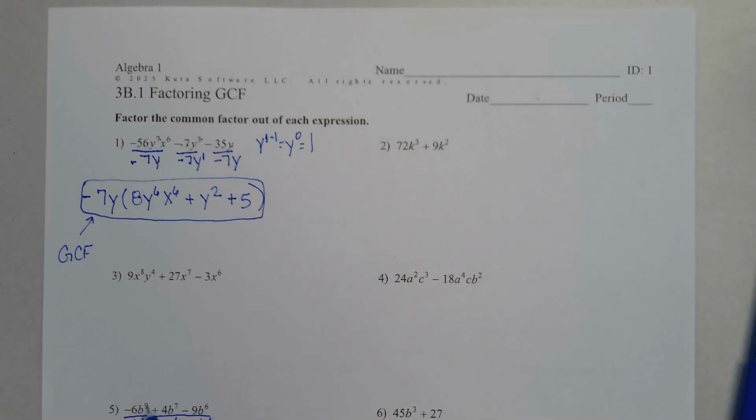My exponents, I subtract. 9 minus 6 is 3. I'm going to have 3 left over. Positive divided by a negative is a negative. 7 minus 6 is 1, so that's b to the first. Negative divided by a negative is a positive.